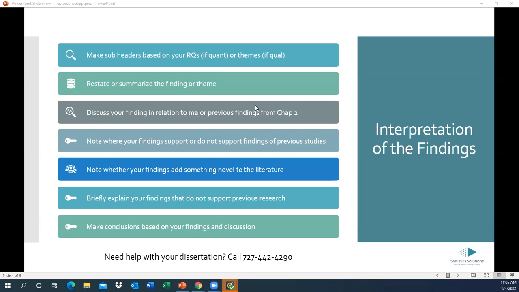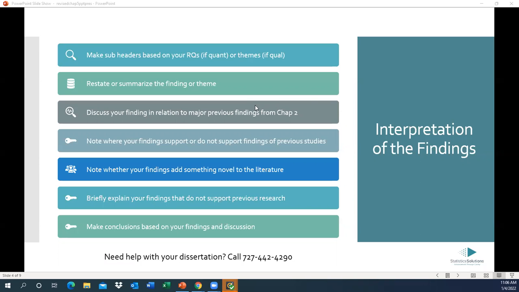So the idea in this section is to discuss your findings as they relate to the findings of previous literature. For organizing the section, it's always a good idea, first of all, to organize the section, because it helps you as a writer to organize material and organize your thoughts. And it's also reader friendly, right?